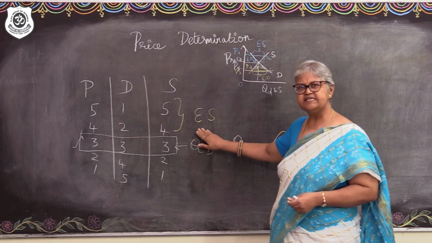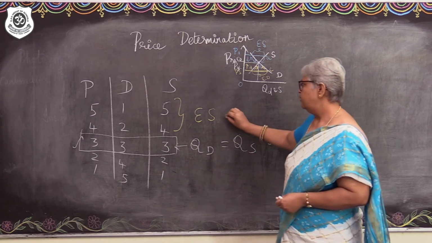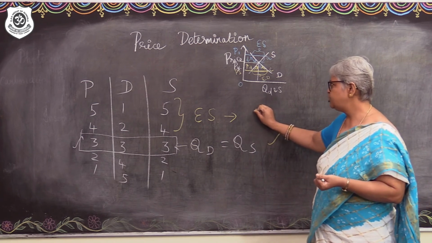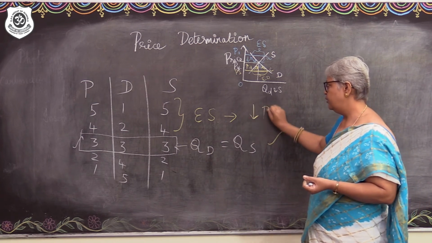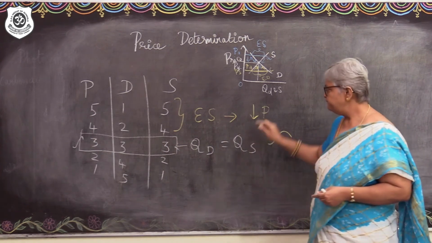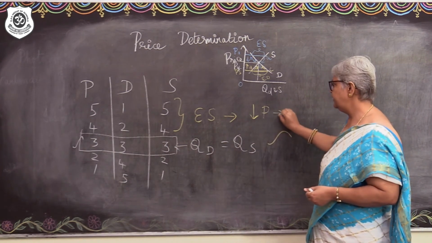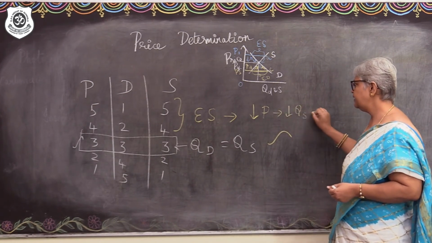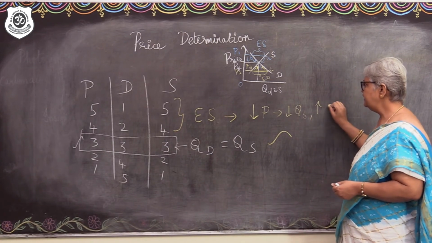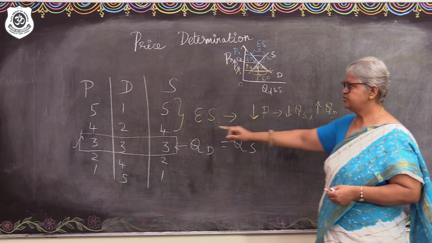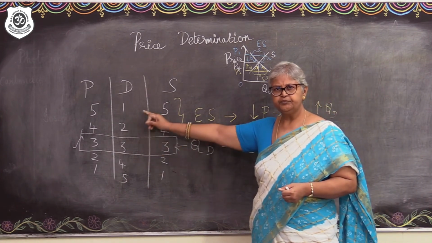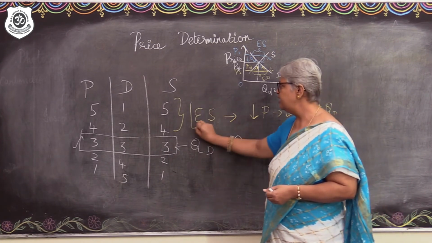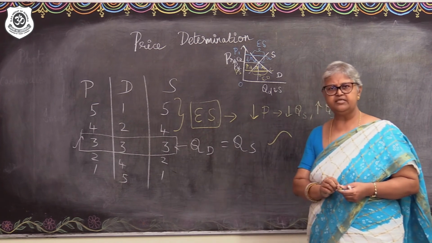So when there is an excess supply, there will be competition among the suppliers which will actually push the price down, right? And when the price goes down, automatically there will be a reduction in the quantity supplied and an increase in the quantity demanded. So that's exactly what you see. Fine. So this chain reaction will happen whenever there is an excess supply in the market.